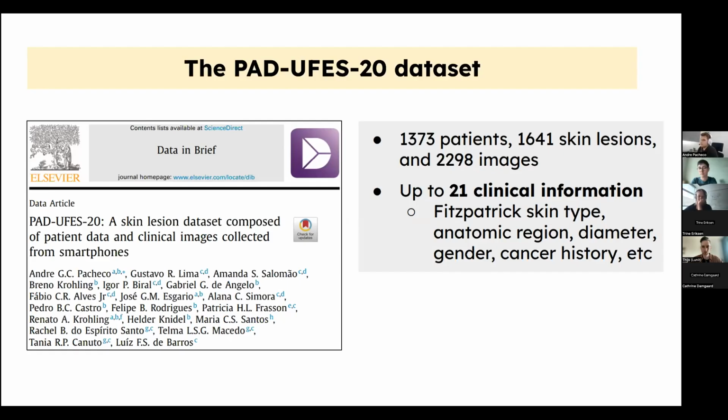The main innovation here is the number of clinical information. Beyond having at least one image, each sample in the dataset has up to 21 clinical features, such as anatomical region, diameter, cancer history, and the Fitzpatrick skin type, which is kind of rare to see in a public skin lesion dataset.